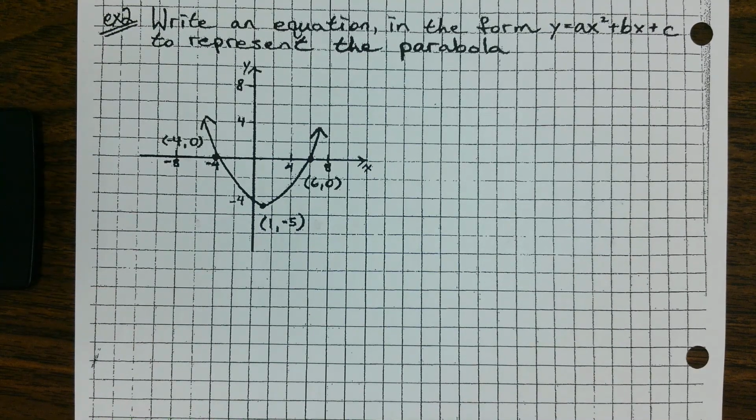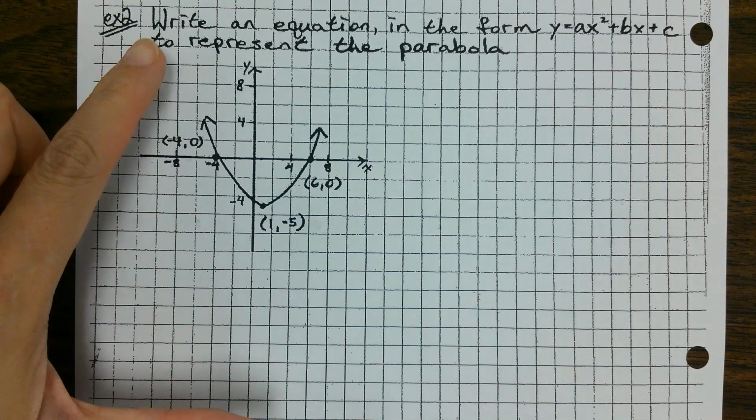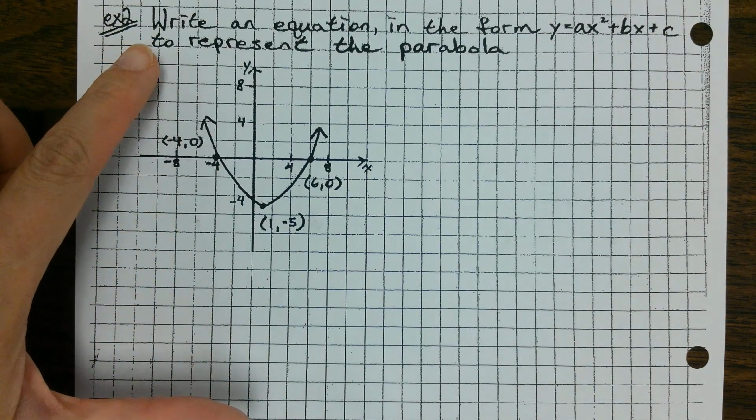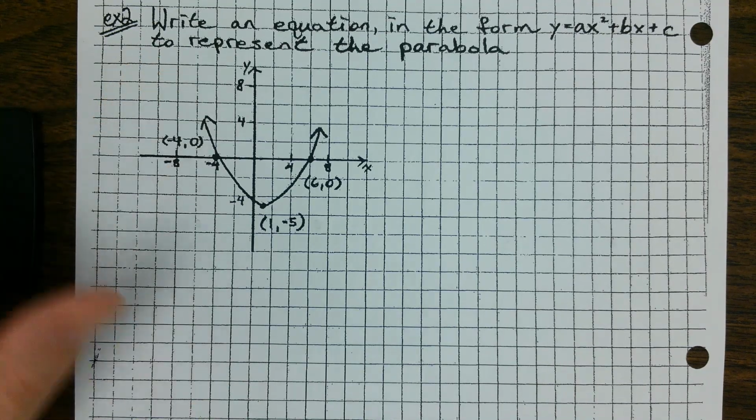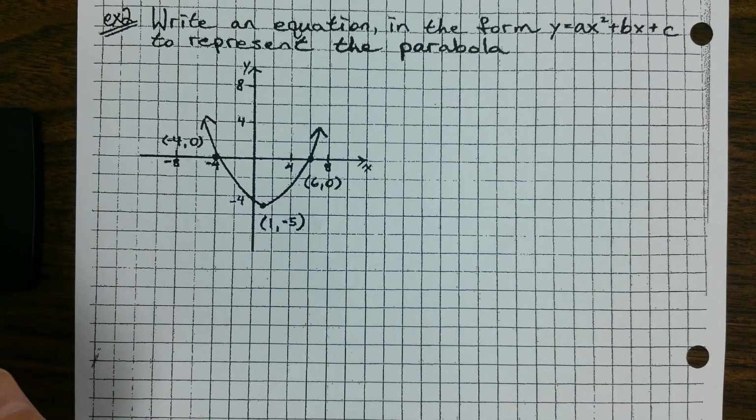Okay, so this example 2, we actually did it last chapter. I'm reiterating it because it's important. I want to make sure that we all know what to do. Okay. So write an equation in standard form to represent the parabola given right here.